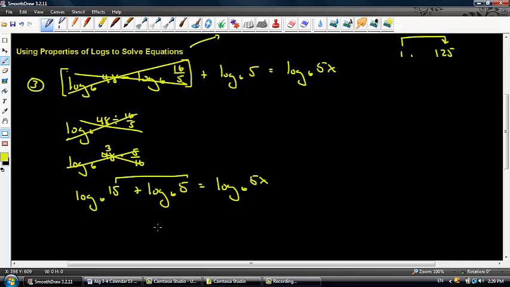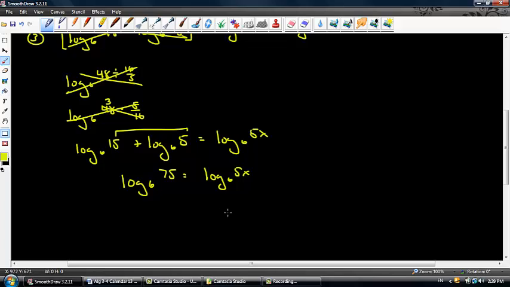Now I'm going to multiply those together and consolidate my logarithms because I consolidate before I cancel. I have log base 6 of 15 times 5 is 75, and that's going to be equal to log base 6 of 5x. Now that I have a single logarithm on both sides, I can get them out of there. 75 equals 5x, and therefore x equals 15.